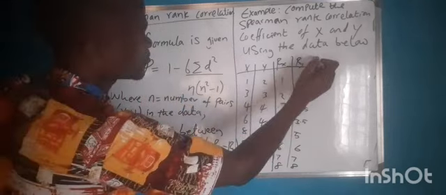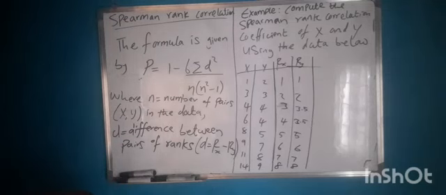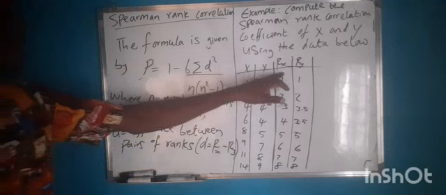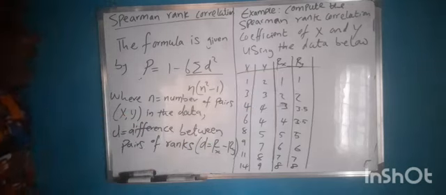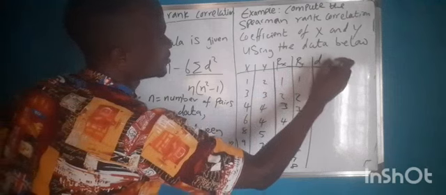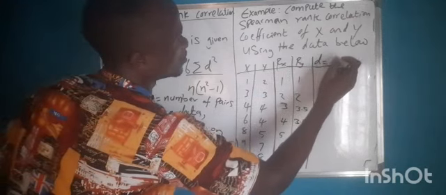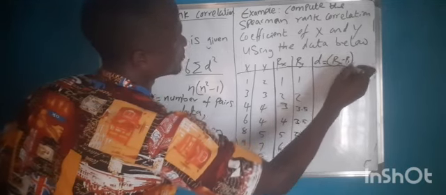The next thing we're going to do is to get our d, where d is equal to the difference between these two ranks, Rx minus Ry.